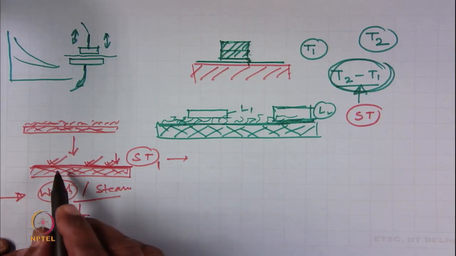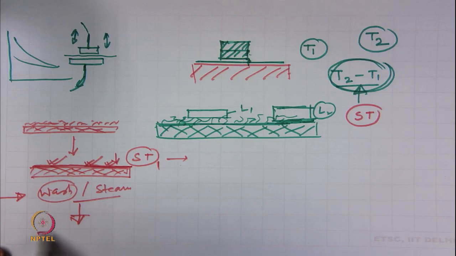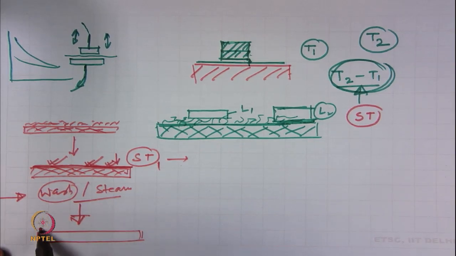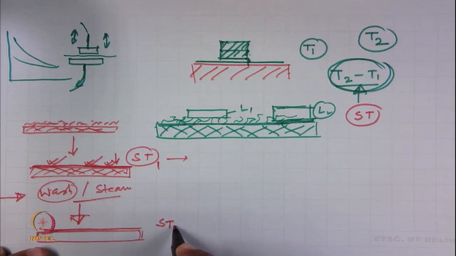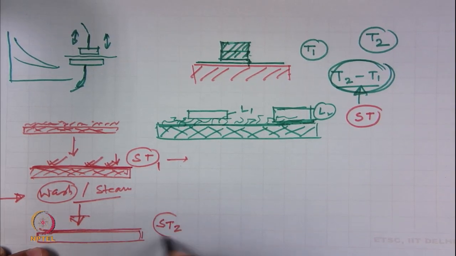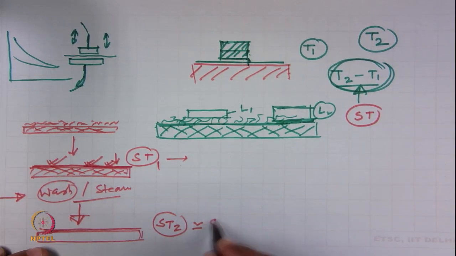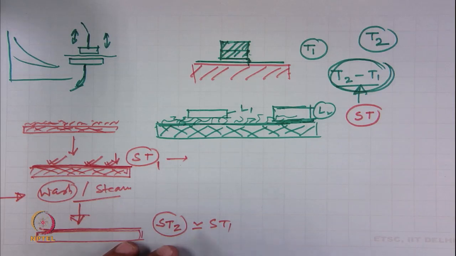What will happen? The surface will remain intact. Hairs will not come out, and we will get value ST2, which is almost equal, very closely equal, to ST1.